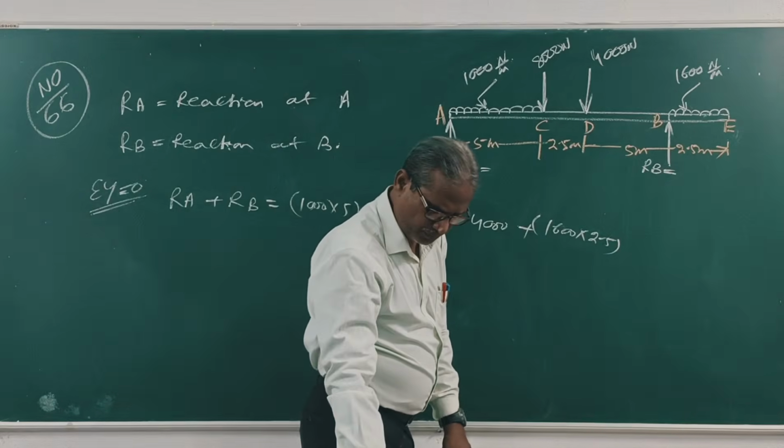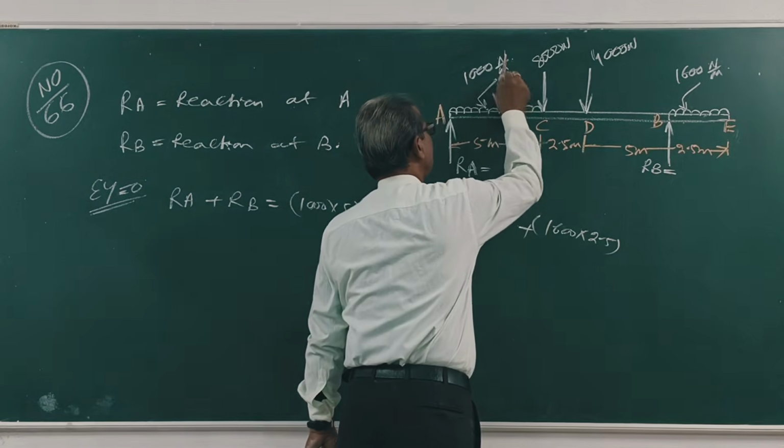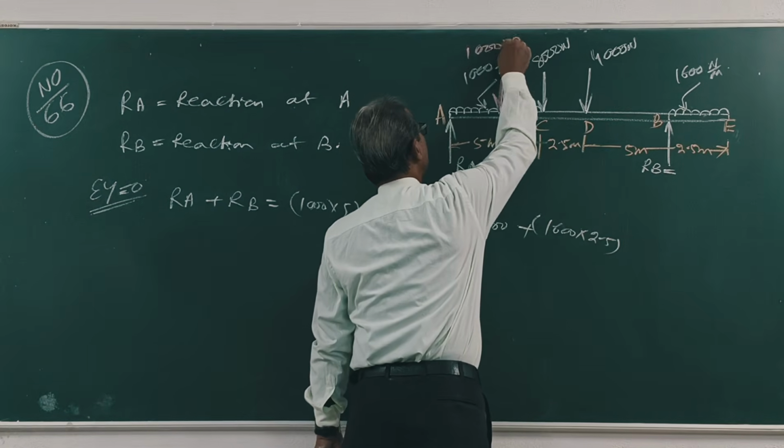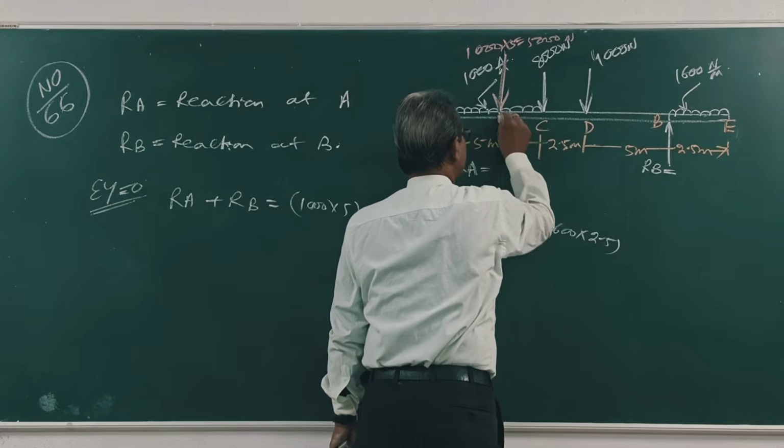This is 1000 into 5, 5000 Newton. This is 5/2.